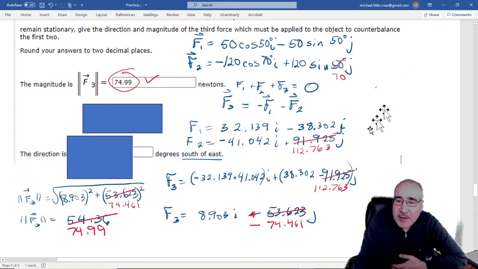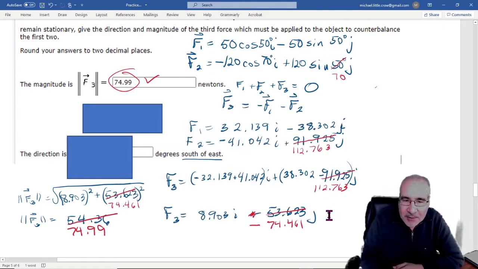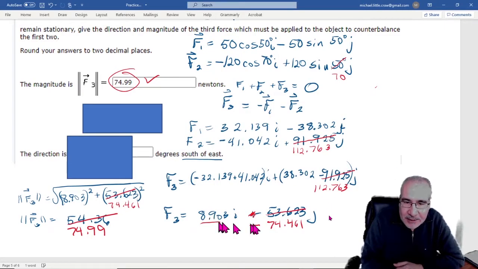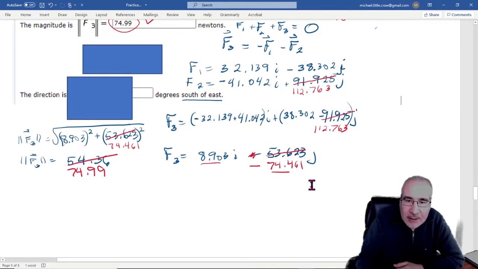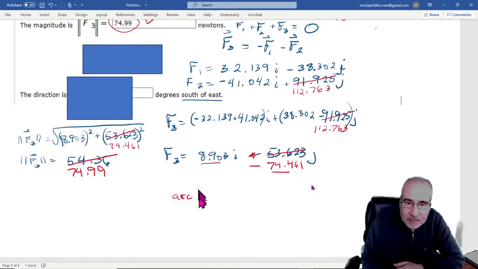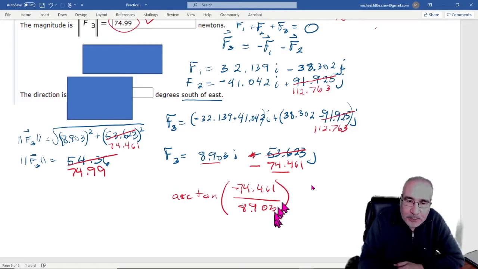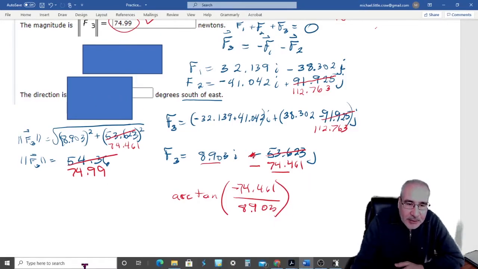Okay, sometimes it's hard to see. Okay, so here's the x, here's the y, and so we're going to do arctan of minus 74.461 over 8.903. Hopefully we'll match what they got here.